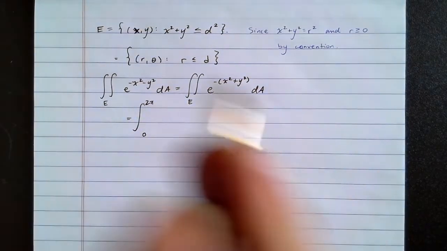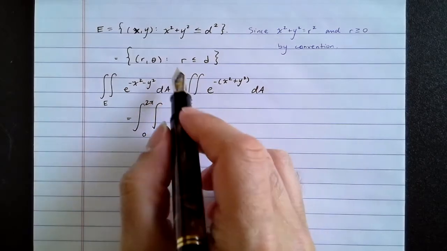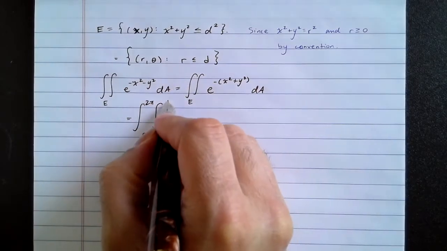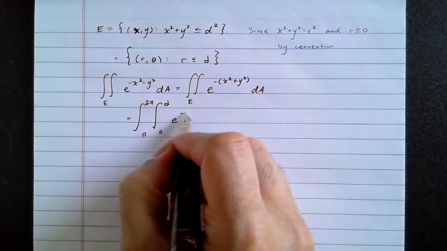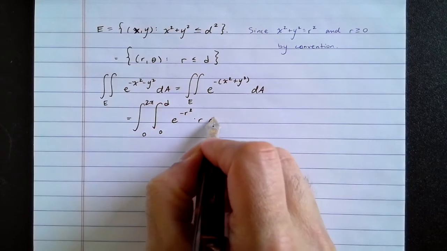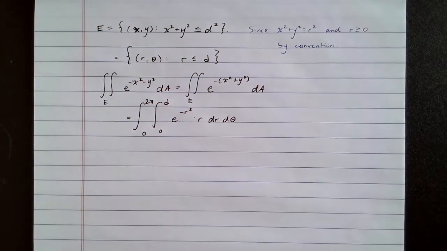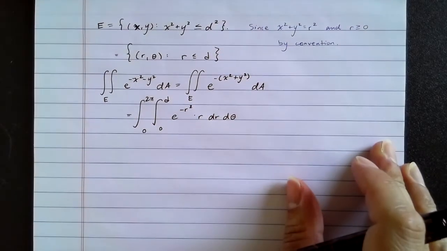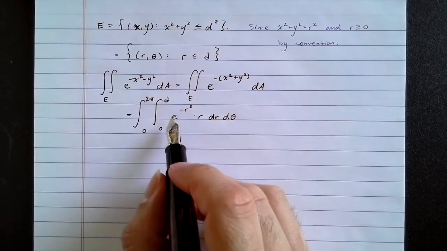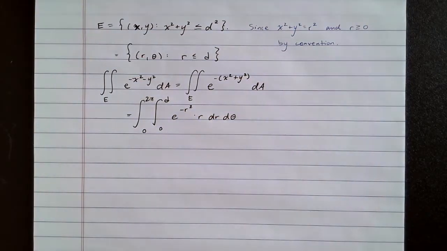They have to traverse the entire circle there. And my radius is just going from 0 to D. And so we get our area differential. And now this is something I can integrate because I can do a substitution. So let's do a substitution.